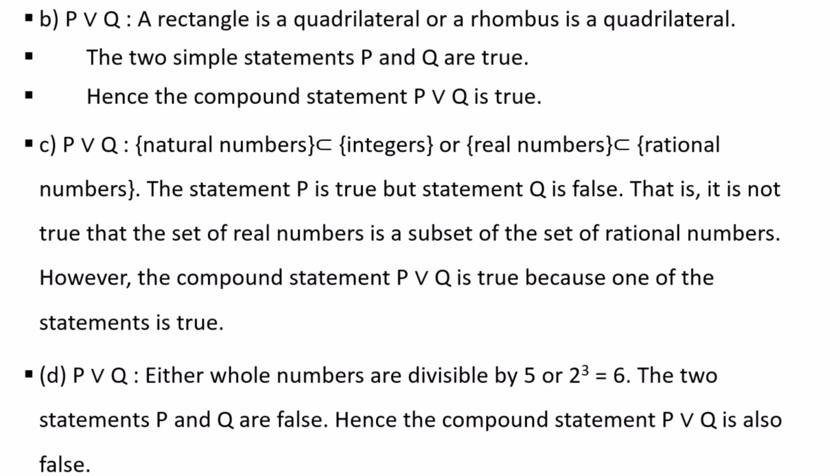It's not all whole numbers that are divisible by 5. Some are. Hence, the statement is also false, because not every whole number is divisible by 5. And the Q statement is also a false statement. So therefore, the compound statement becomes a false statement.